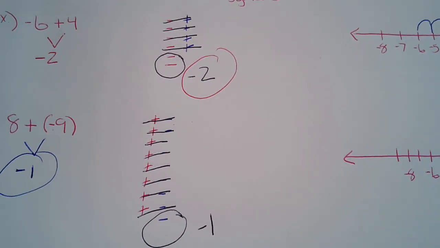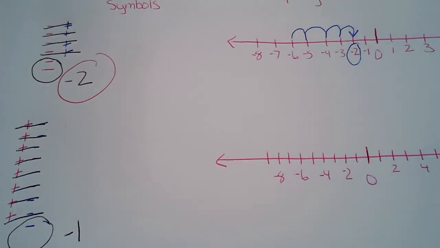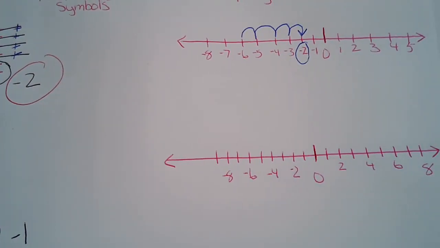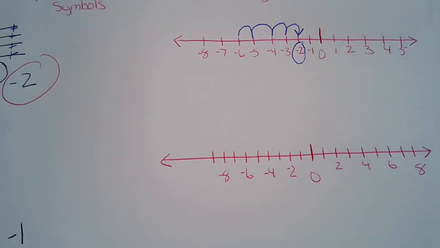All right, and the last way that we're going to check this is using our number line. So I'm going to start at positive 8. And then I'm adding to that negative 9. Since that 9 is negative, that lets me know I have to move to the left.